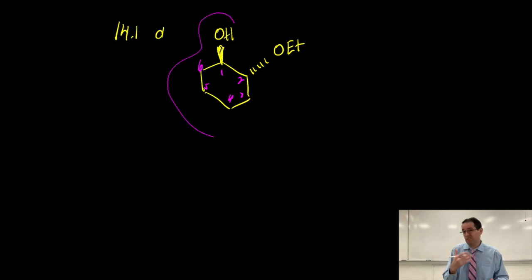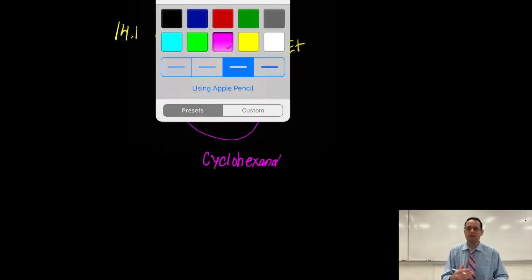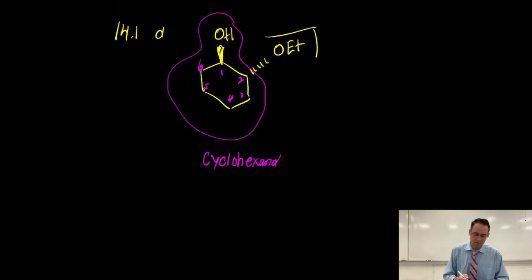And the parent chain is going to include the alcohol, okay? So the parent chain is going to be cyclohexanol. That's the parent chain. Now remember, we never say 1 cyclohexanol because it's always assumed to be carbon 1 where that alcohol or that hydroxyl group is. But what we do need to specify is the number at which this ethoxy group is attached.